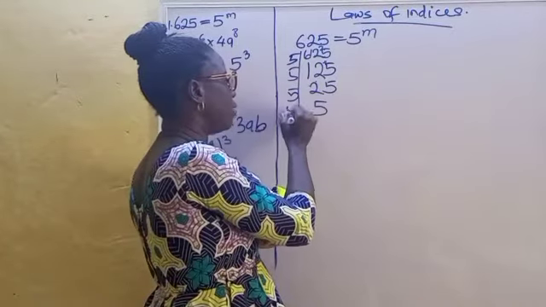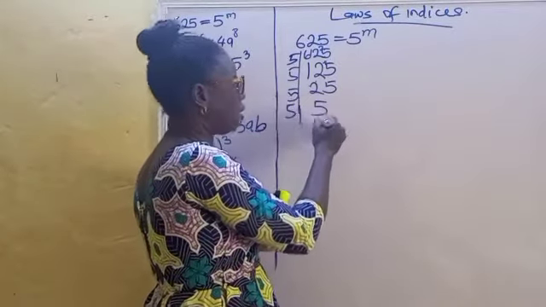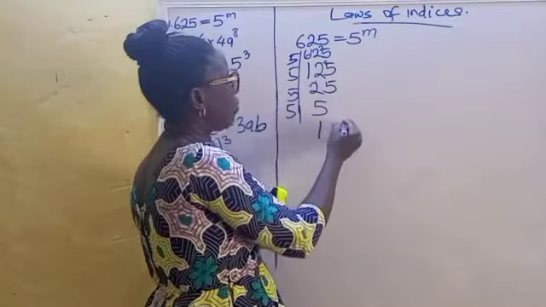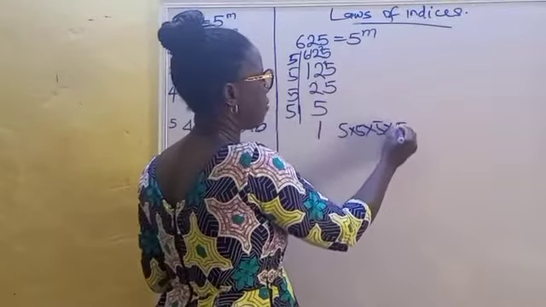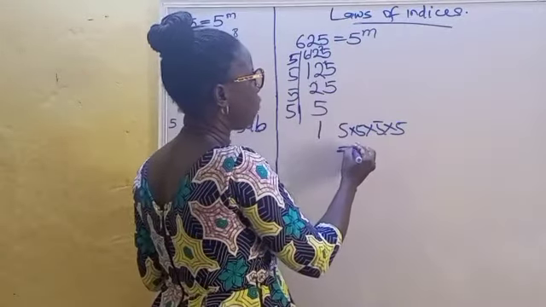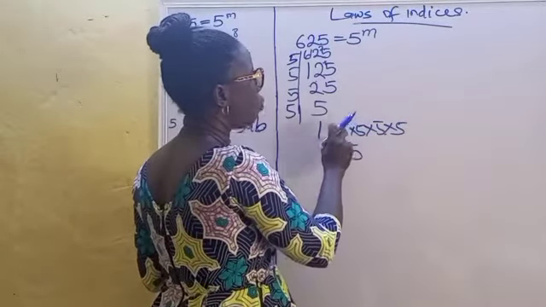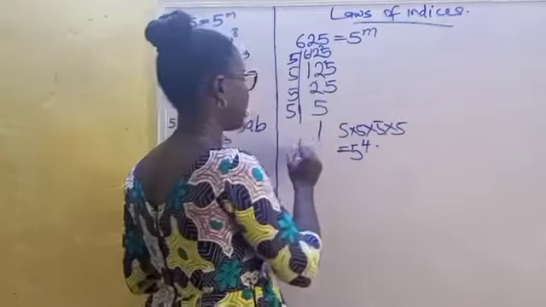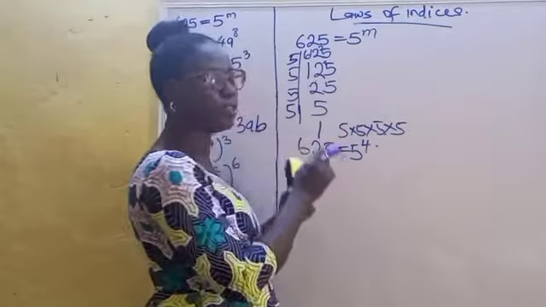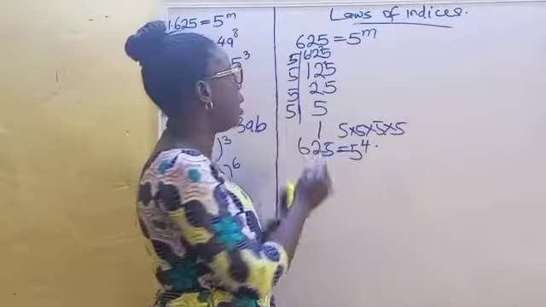So 5 in 5 is 1. So we have 1 times 5 times 5 times 5 times 5, which is 5 raised to the power of 4. So 625 is equal to 5 raised to the power of 4.